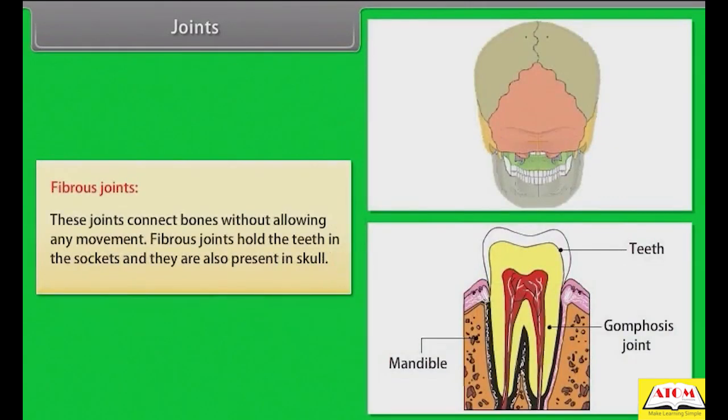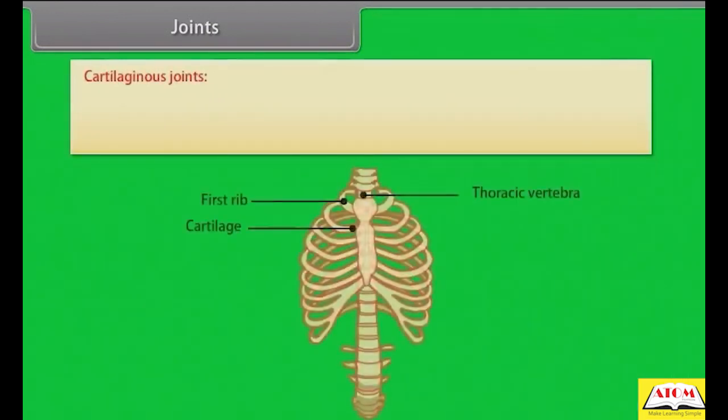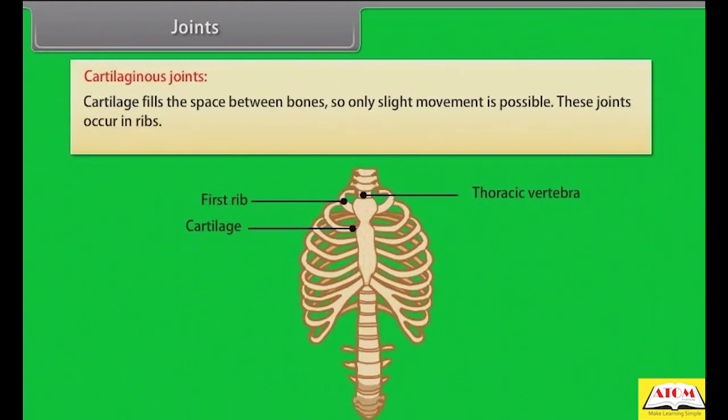These joints connect bones without allowing any movement. Fibrous joints hold the teeth in the sockets and they are also present in the skull. Cartilaginous joints. Cartilage fills the space between bones, so only slight movement is possible. These joints occur in ribs.